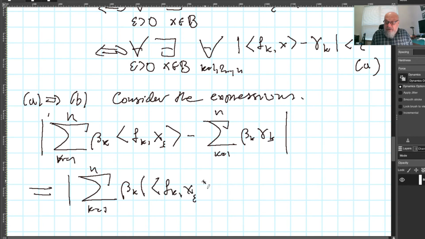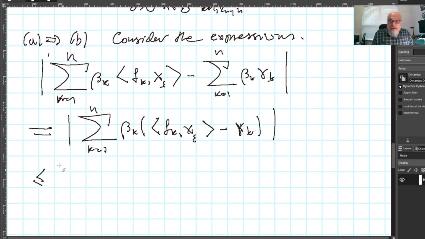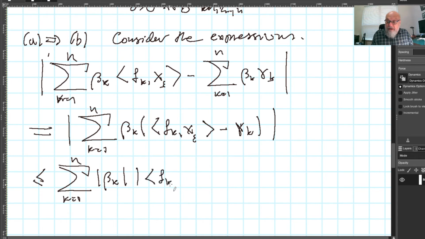This is from condition A, so x epsilon minus gamma k, close it. Now let's use the absolute values: the sum over k equals 1 to n of the absolute value of beta k, and then here I have the absolute value of f k of x epsilon minus gamma k.